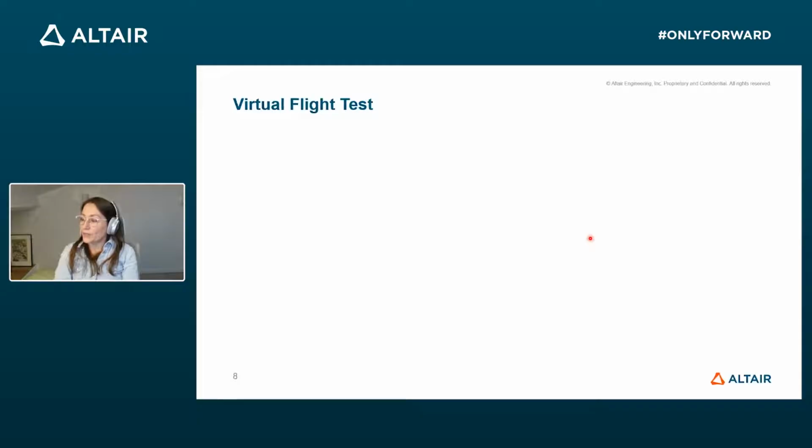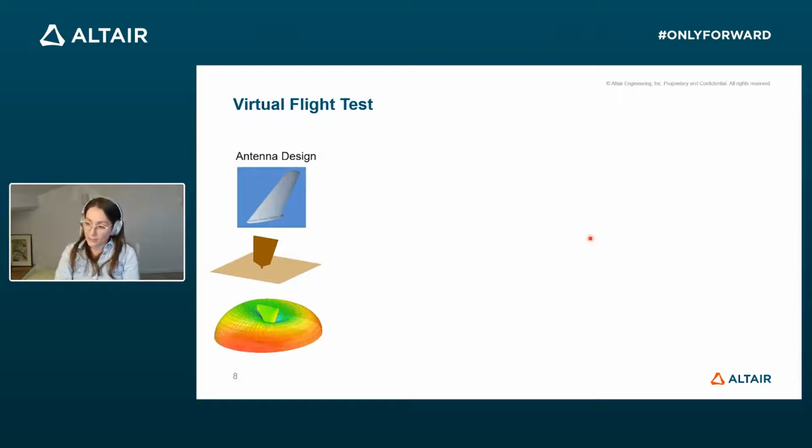So to give you an idea of how the tools can work together, we will try to show that by showing you how the workflow goes for a virtual test drive. So for example, let's imagine we have a blade antenna. So you can model that in Feko and calculate the radiation pattern of that antenna accordingly once you have designed it.